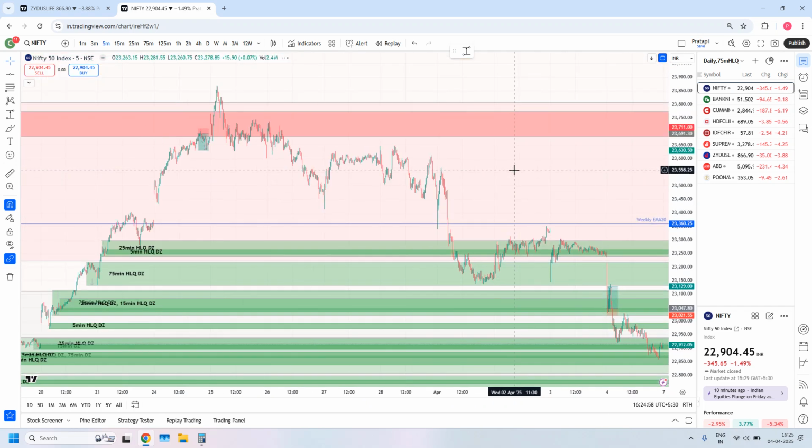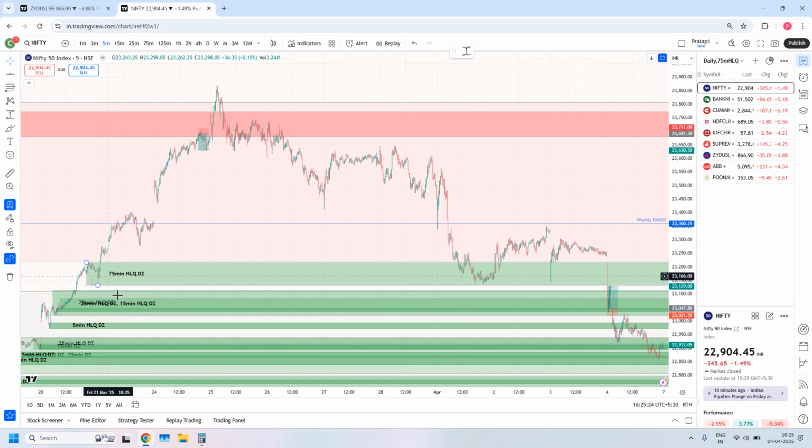After our analysis, on 1st April, this 5 minutes HLQ zone inside 25 is violated. This is on 1st April. So it's no more valid. Just I want to tell you, those who took the trade might have been stopped out on 1st April. Same thing happened in Bank Nifty also.